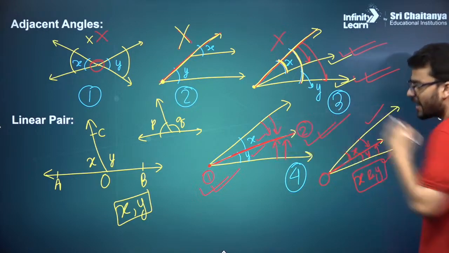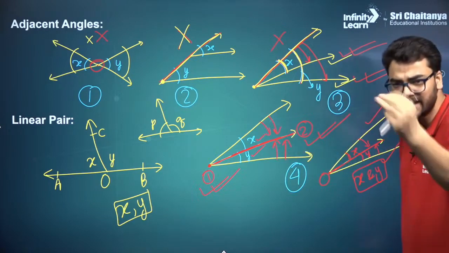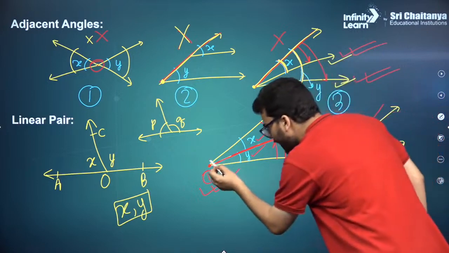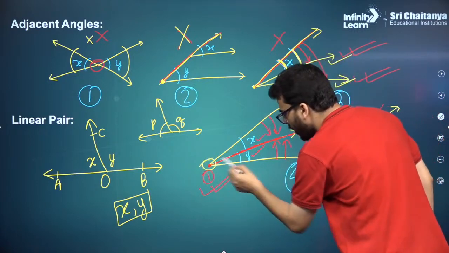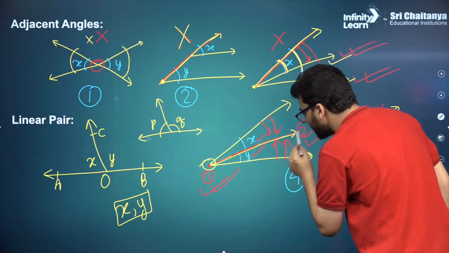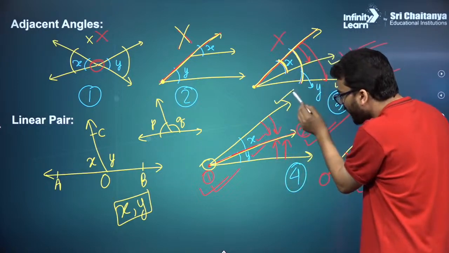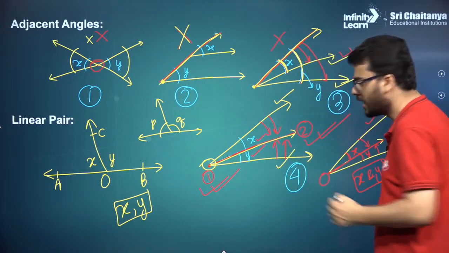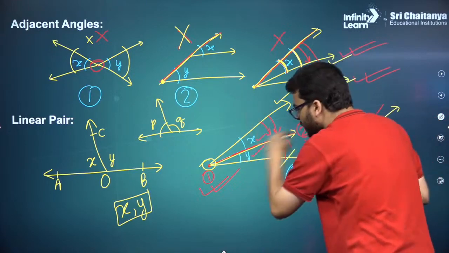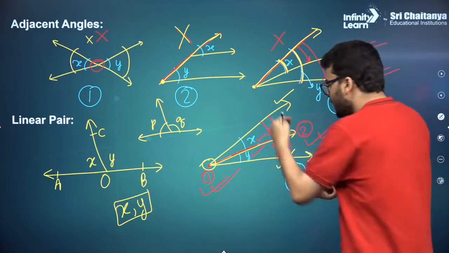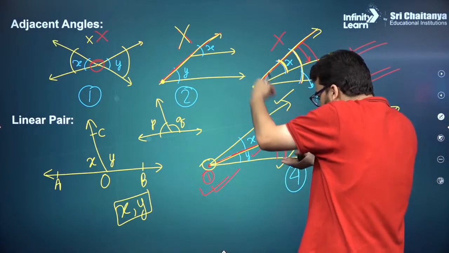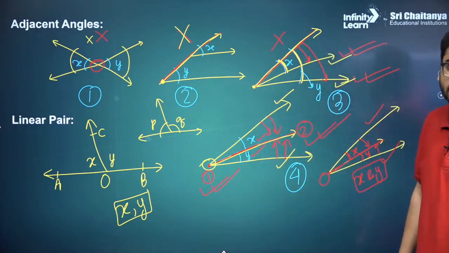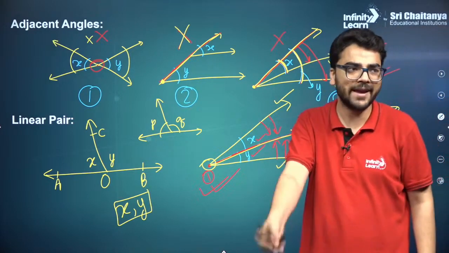Only in this case, they are adjacent angles, because three things are getting satisfied. Common vertex is there, common arm is there, and the non-common arms are on the opposite sides of the common arm, or you can say the common arm is in between the non-common arms. So three things must satisfy for two angles to be adjacent angles.